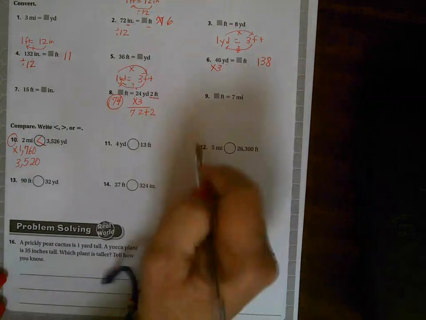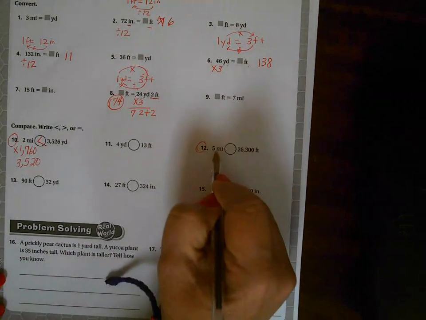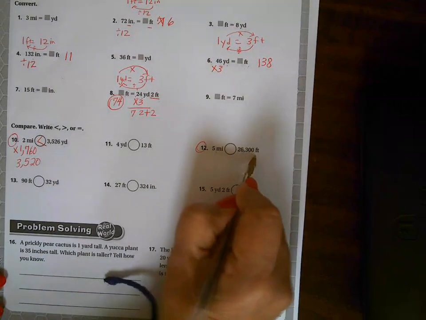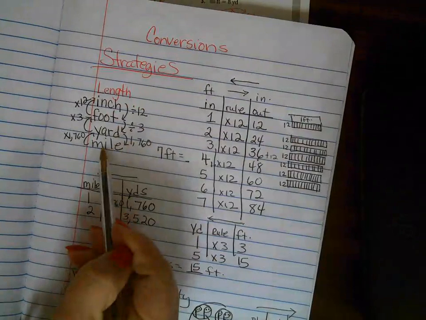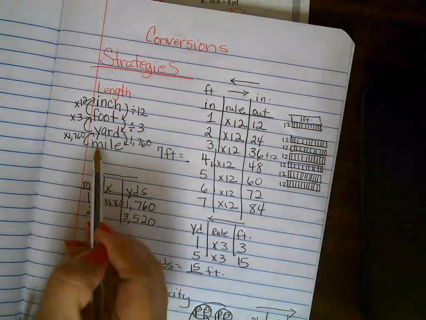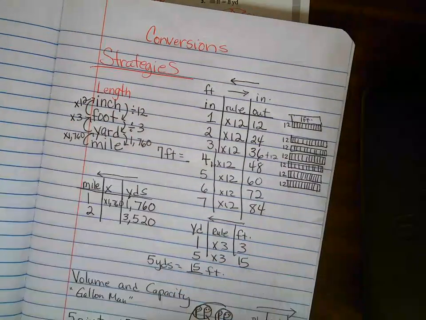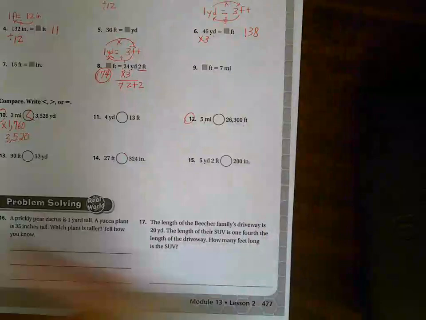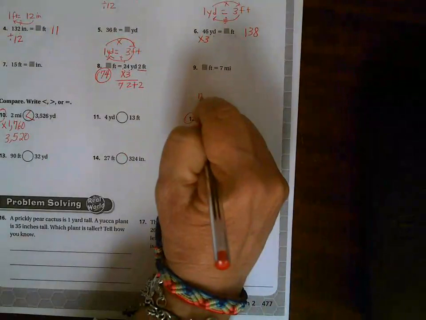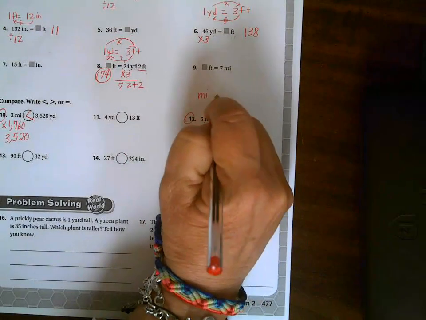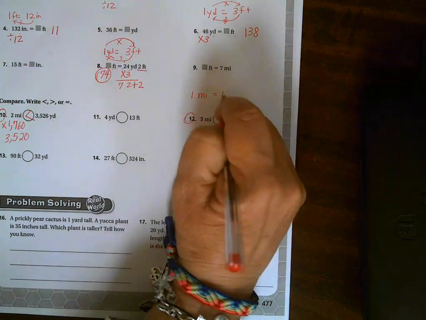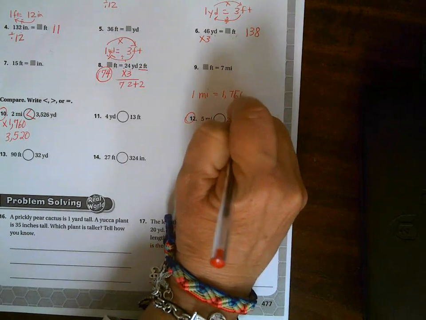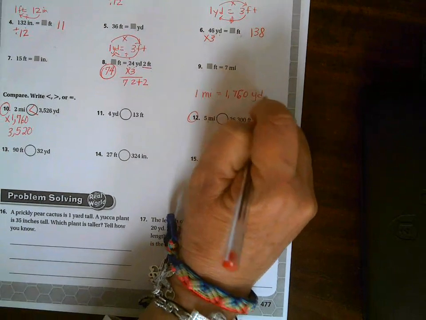Going to number 12. This is miles to feet. Well, remember, we can't just jump through. I have to go from miles to feet, so I got to go miles to yards first. So 1 mile equals 1,760 yards.